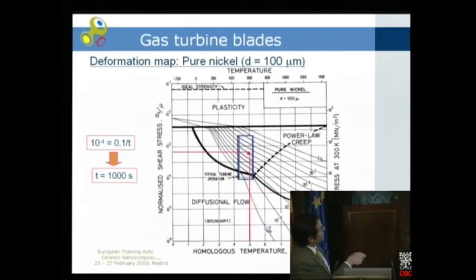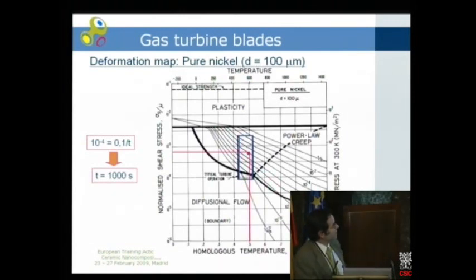So the maximum strain is 0.1, divided by the strain rate 10^-4, which gives the time. So the life of this nickel blade working in this condition will last only 1,000 seconds, in less than 20 minutes the blade will have this 10% deformation. Of course, this is not a good material for this application.